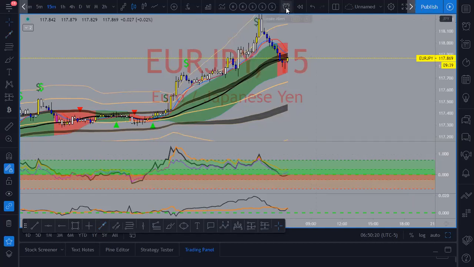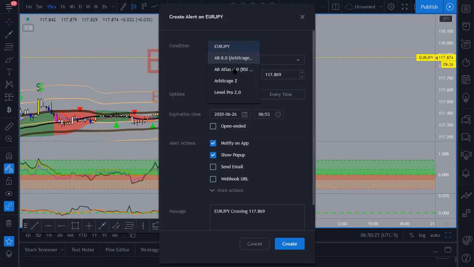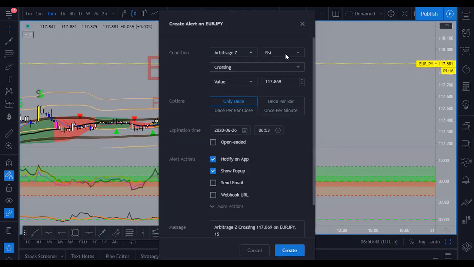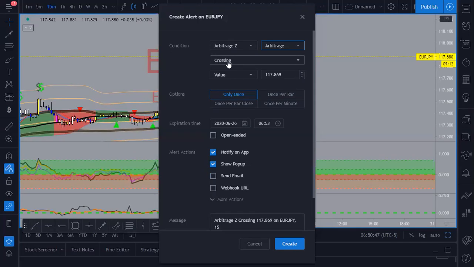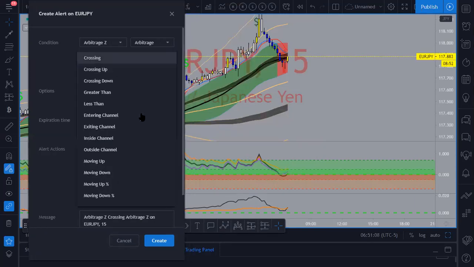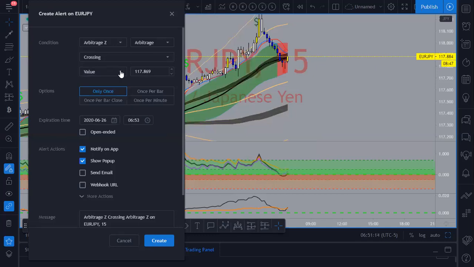And then one more, on the arbitrage Z. So for the arbitrage Z, I want to place it at the arbitrage, and I want it to come back to the arbitrage Z, and then cross through the Z. Actually, let me see.